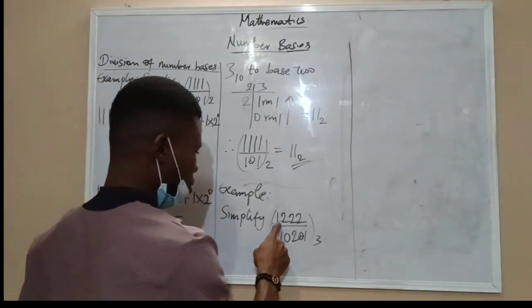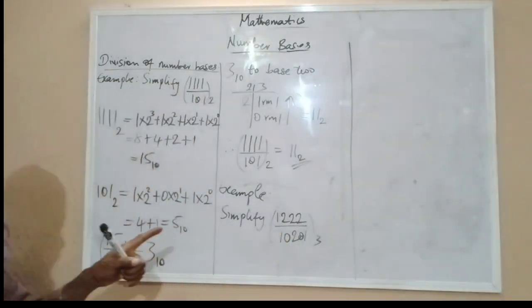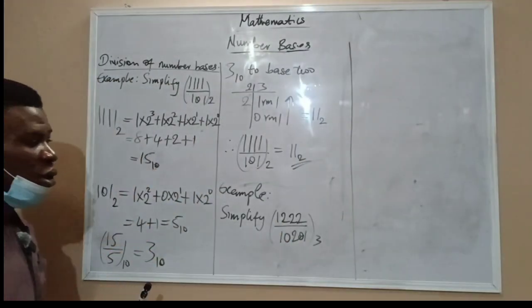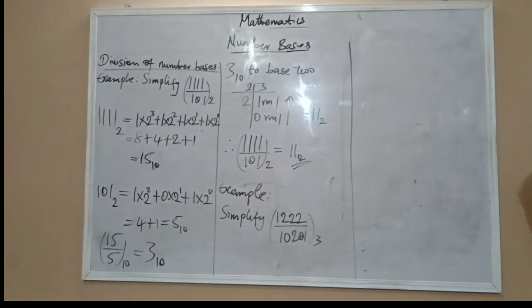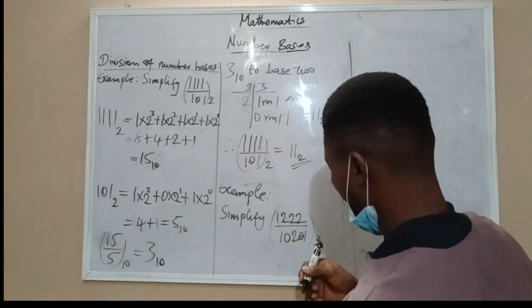Now see this one, this is not base 2, it is base 3. Now we have to use our normal procedure of converting each of them to base 10, and then divide and then come back to base 3.